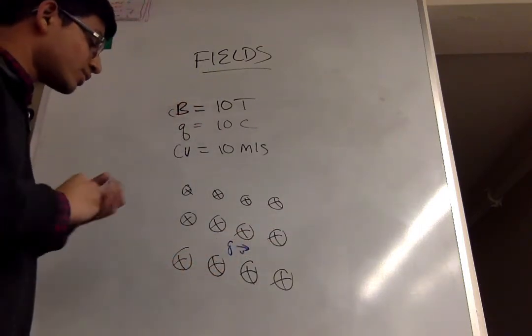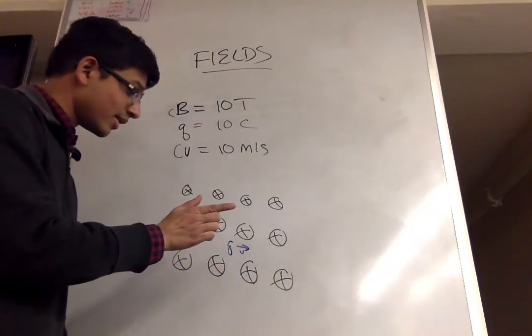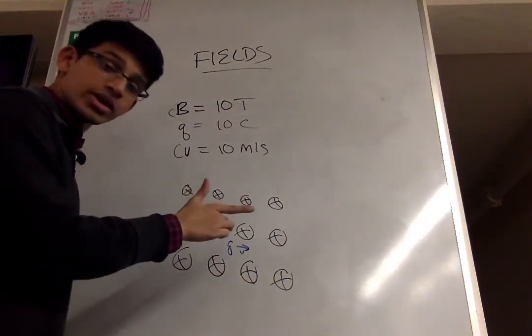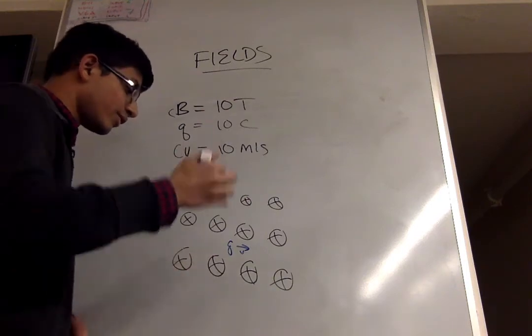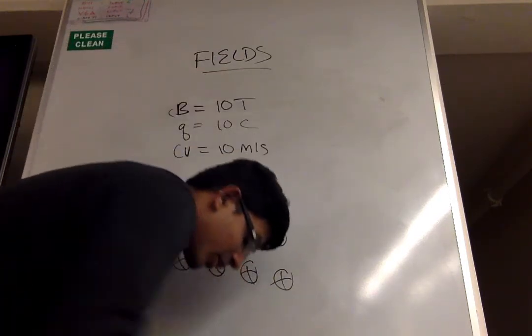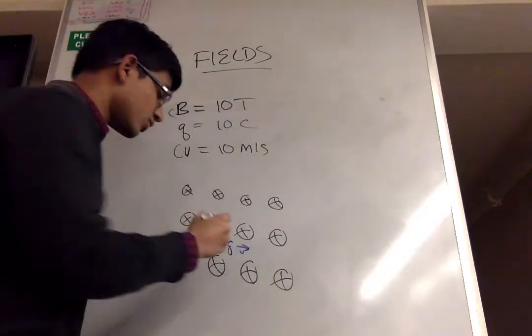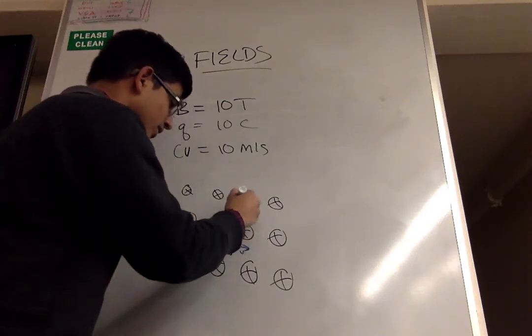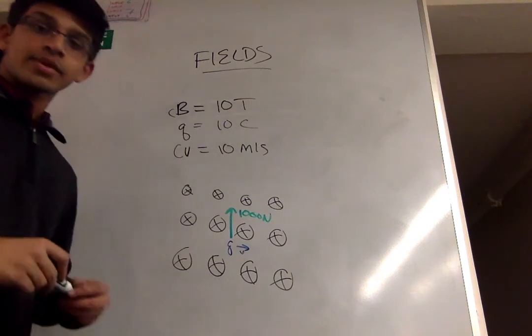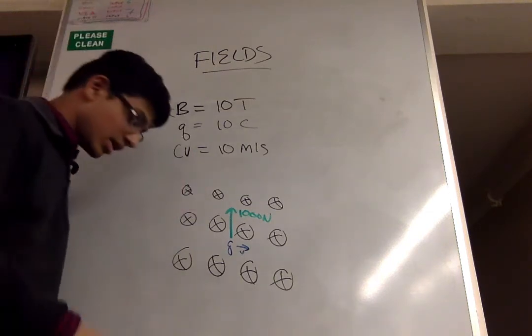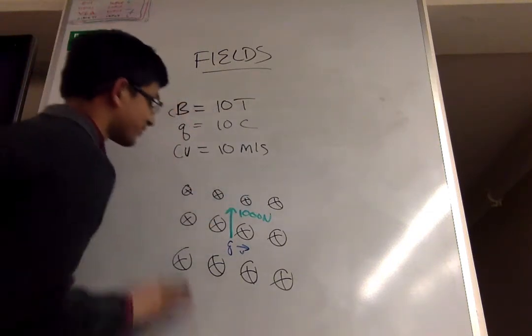Well, in that case, v is moving to the right and the field is pointing inward, so that means my thumb points upward. The force exerted on this charge will be upward, and we'll have that magnitude of 1,000 newtons. So this is an example of how to solve a problem like this.